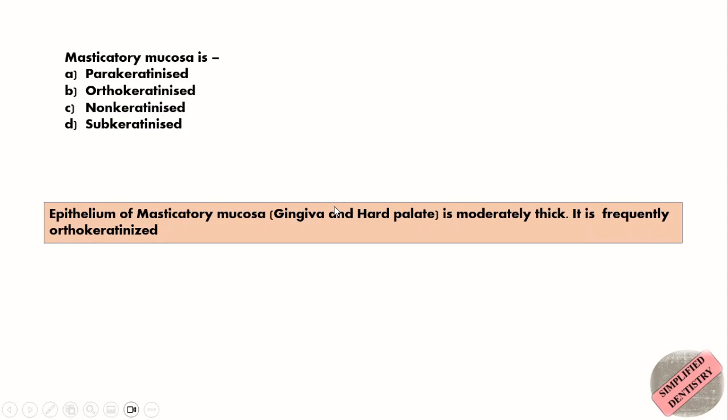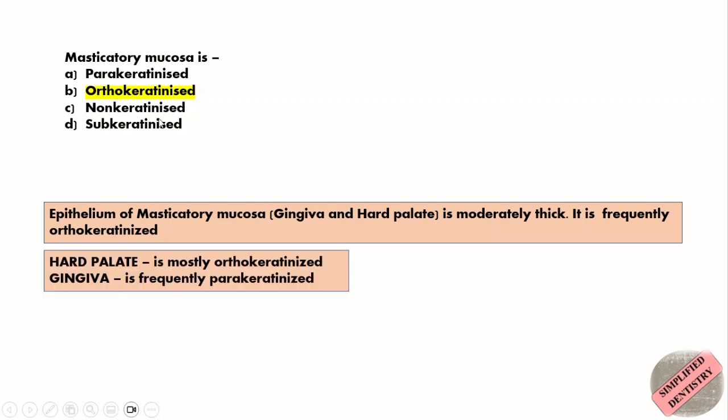So this region is usually keratinized to withstand the forces of mastication, and it is moderately thick and is frequently orthokeratinized. So the answer is option B, orthokeratinized. Masticatory mucosa is orthokeratinized, and it is seen that hard palate is mostly orthokeratinized and gingiva is frequently parakeratinized.